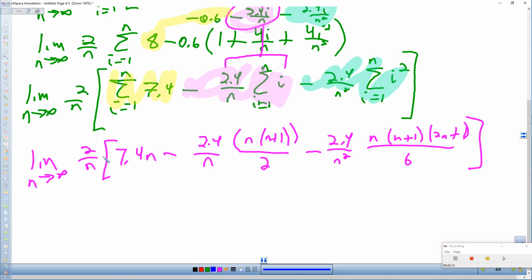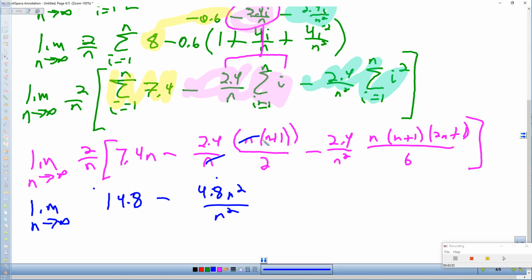So now I'm going to apply this to each part. 2 times 7.4 is 14.8. As n goes to infinity, the n's are going to cancel. Then I'm going to have minus 2.4n over n, because of the n here. We have 2 times 2.4, so let's just do 4.8 n squared over n squared.